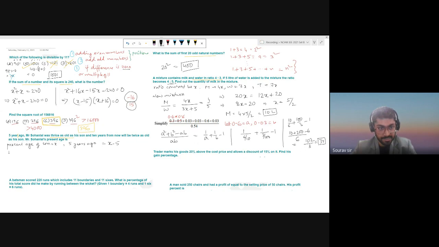And the father, Mr. Sohanlal, was thrice. Right? Now 10 years. So these are their ages 5 years ago.